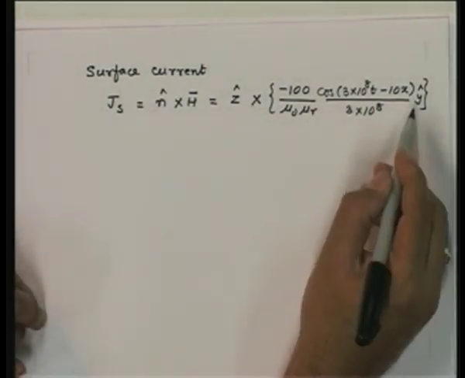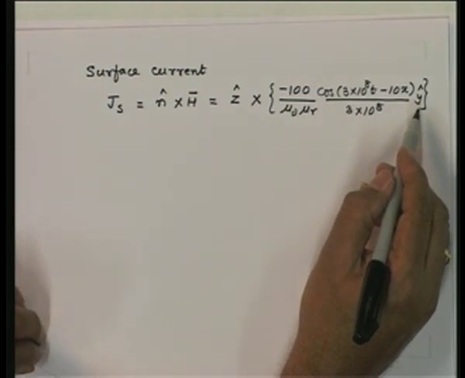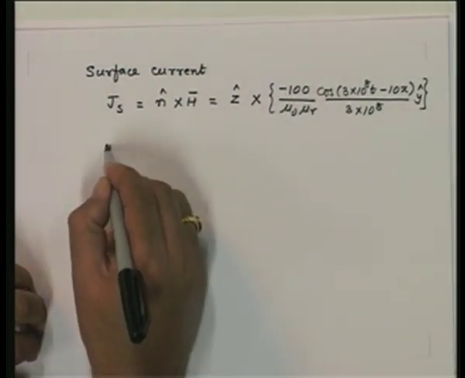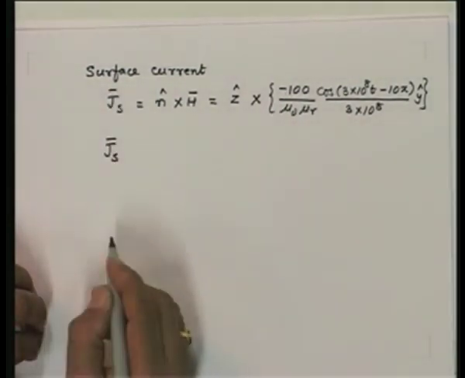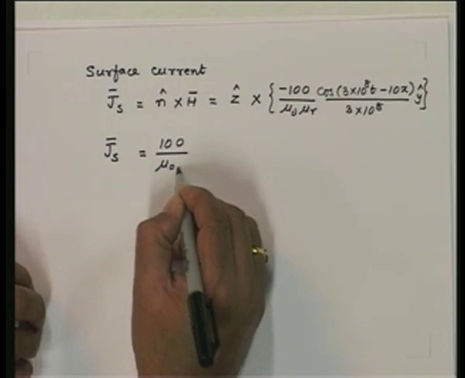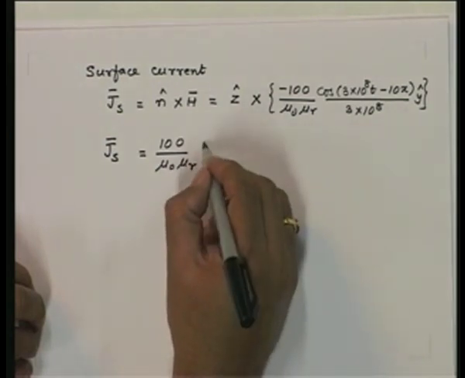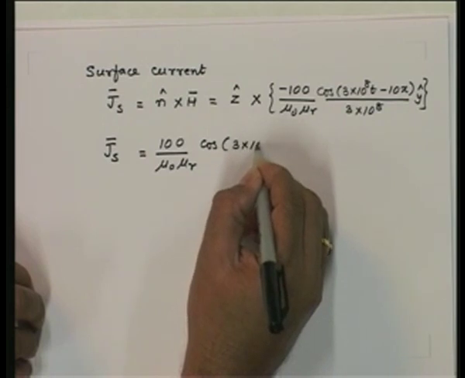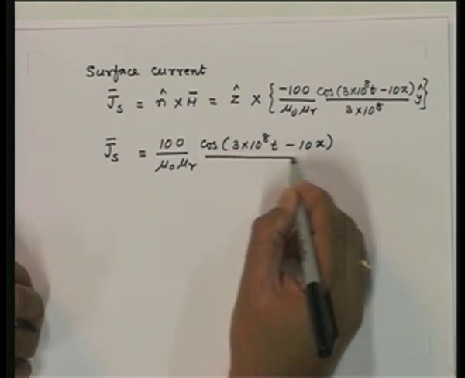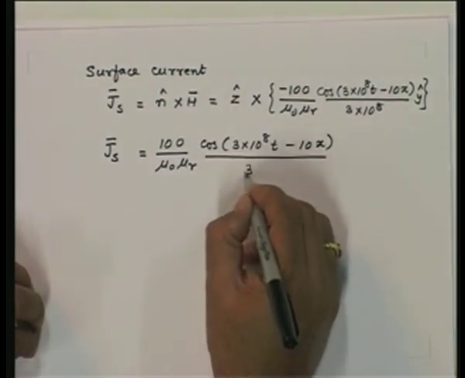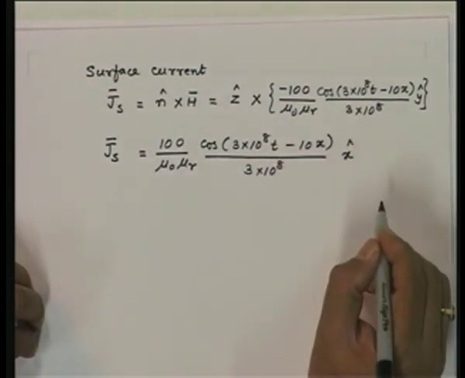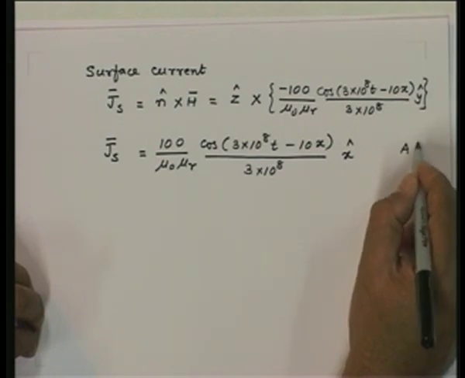Now, z cross y will give the current in the minus x direction. So, the minus sign will cancel. So, you get the surface current Js as a vector quantity equal to 100 upon mu 0 mu r cosine of (3 into 10 to the power 8 t minus 10x) divided by 3 into 10 to the power 8, oriented in x direction, amperes per meter.